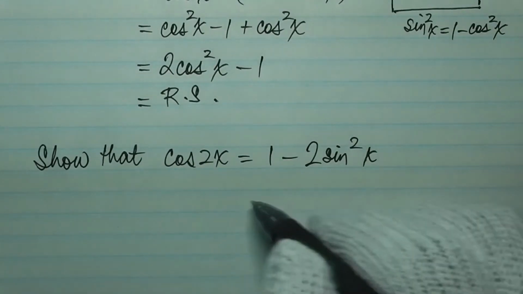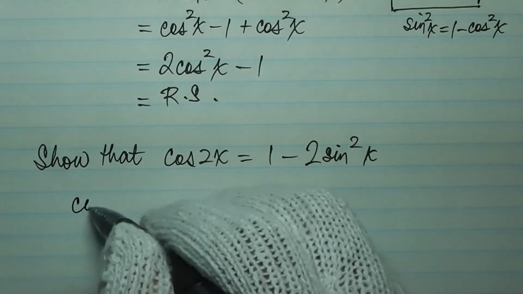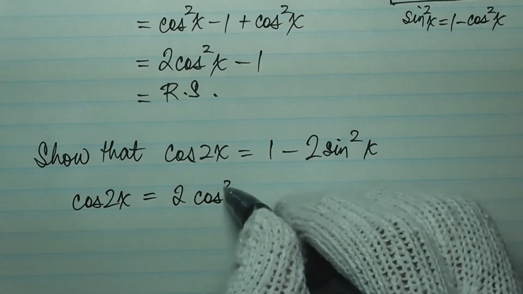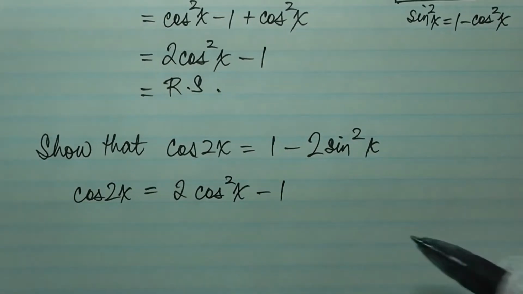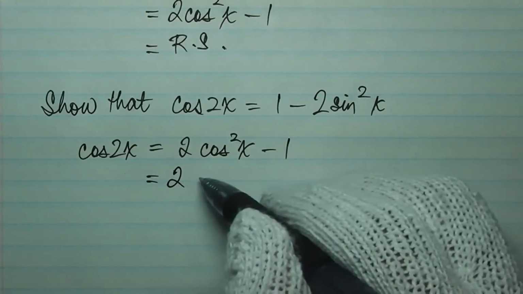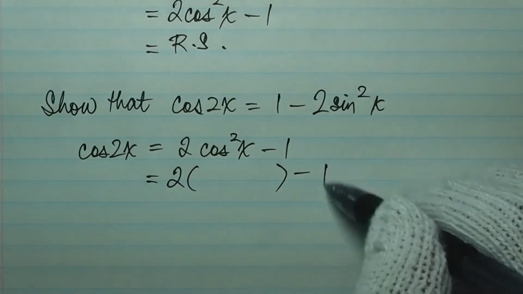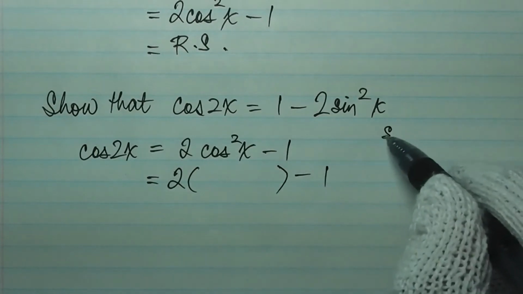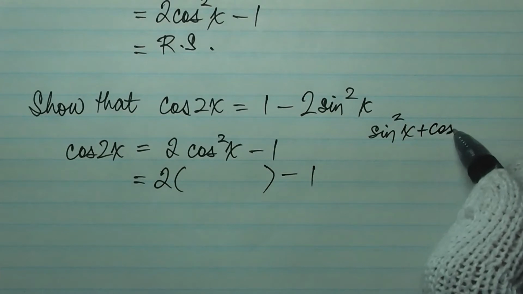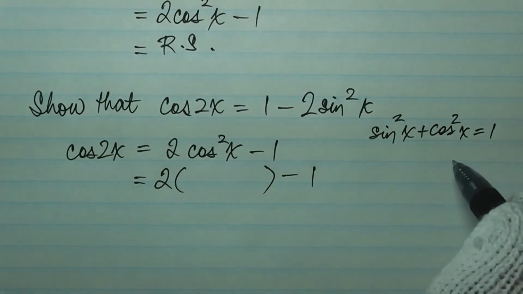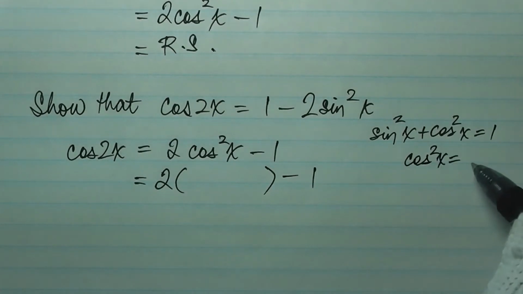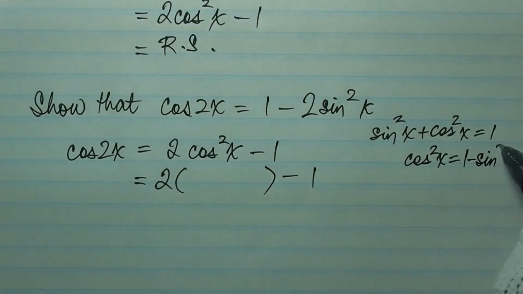Well, we know from the previous example that cosine 2x is equal to 2 cosine squared x minus 1. And what I'm going to do is, I'm going to write 2, and instead of cosine squared x, since sine squared x plus cosine squared x is equal to 1, cosine squared x by itself is equal to 1 minus sine squared x.